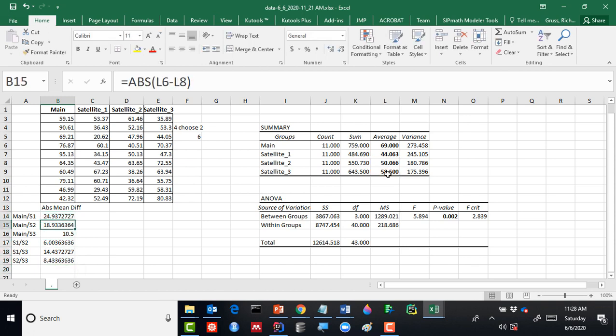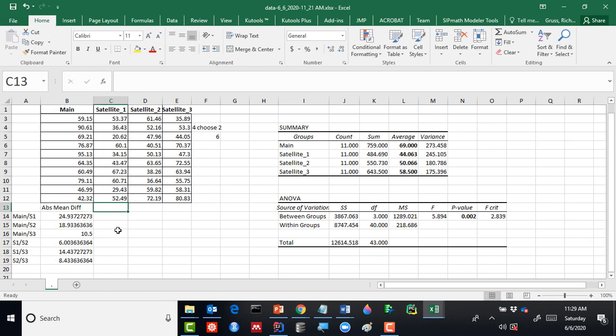Okay, all right, and just eyeballing it, I can see some of these have a fairly small difference, like this is only 6, so satellite 1 and 2 don't appear to be all that different. But I can see that, if any of them are different, it's going to be main, main satellite 1 for sure, and then maybe main satellite 2. But we need to be more sure of this by comparing this to some kind of critical value.